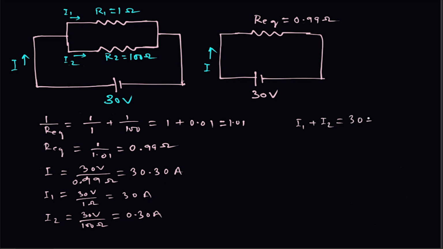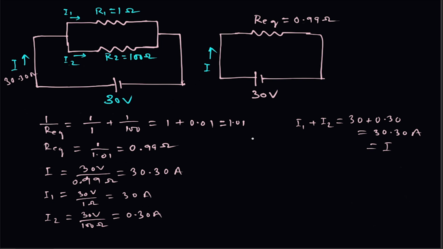It is 30 plus 0.30, that is equal to 30.30 ampere. This is I. You can see I is 30.30 ampere. This I is same as this I, that is 30.30 ampere. Now this current will divide between I1 and I2. That is what we are getting here.